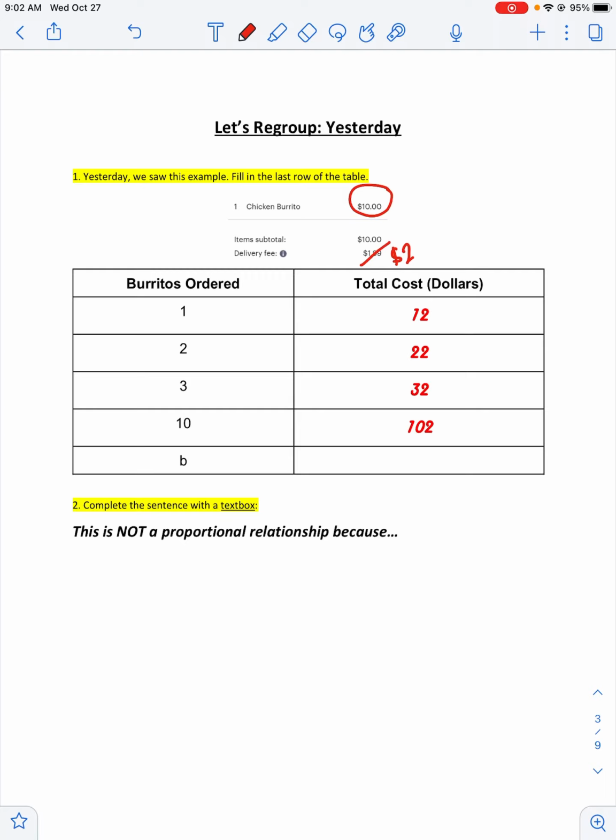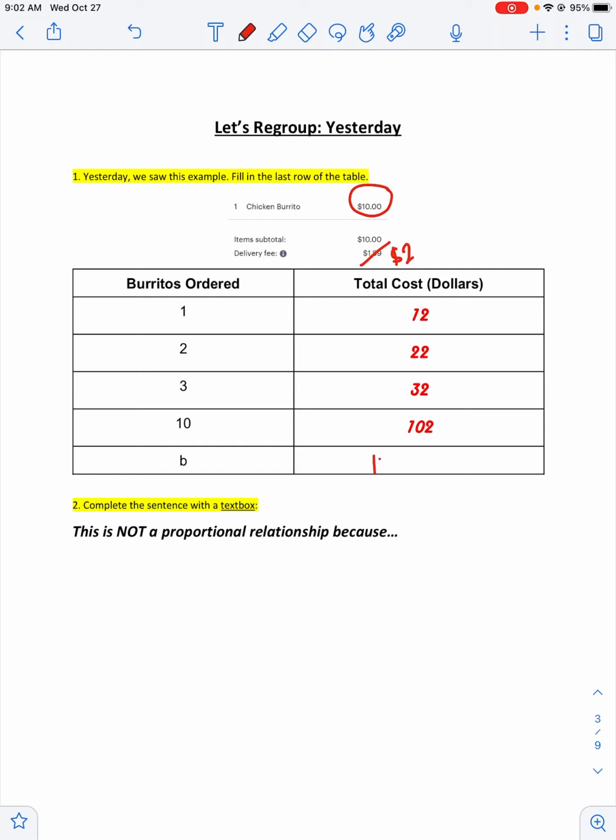That means one burrito was going to cost $10 plus $2 in delivery. 2 burritos would cost $20 plus that $2 in delivery, which does not change. It's important to remember that the amount of delivery cost doesn't change based on how many burritos we ordered.